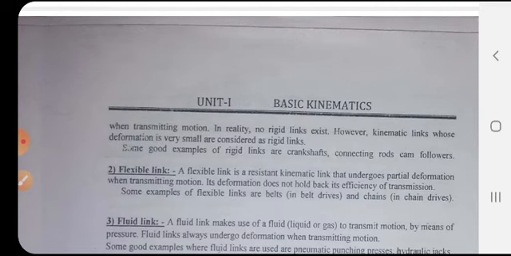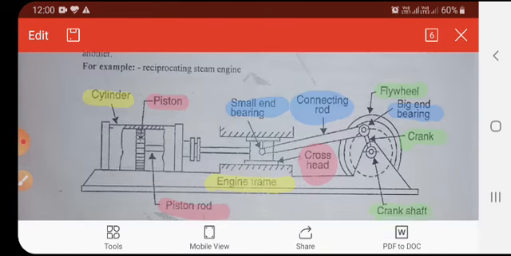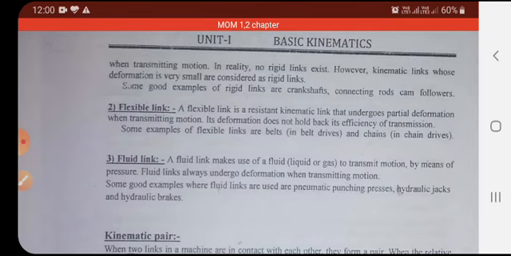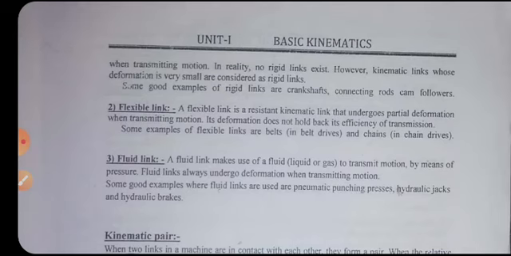For example, you can take the crankshaft and connecting rod in the case of a reciprocating steam engine, and the cam follower. Normally the cam follower is used in an IC engine to lift the valves, to open and close the valve. These are examples of rigid links.